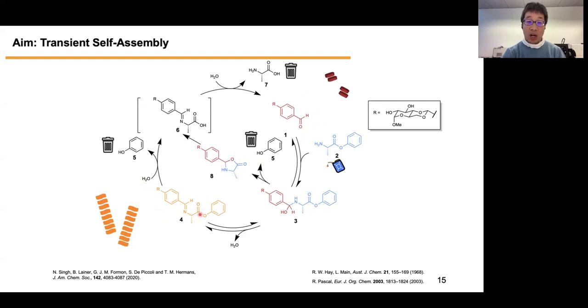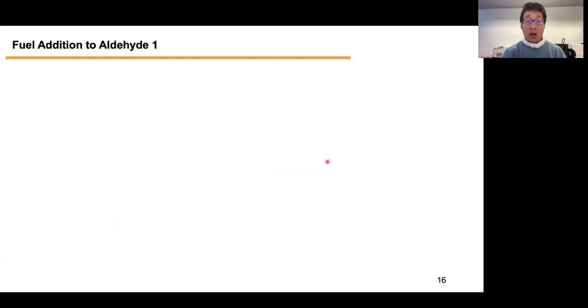And this one has a higher tendency to self-assemble. And once the fuel runs out, this orange state returns to the red state, so that this assembly should disappear. So we can form the assembly in a transient way just by adding the fuel.